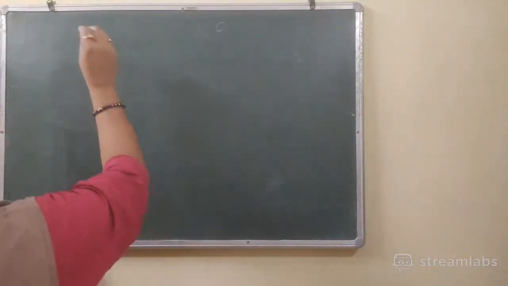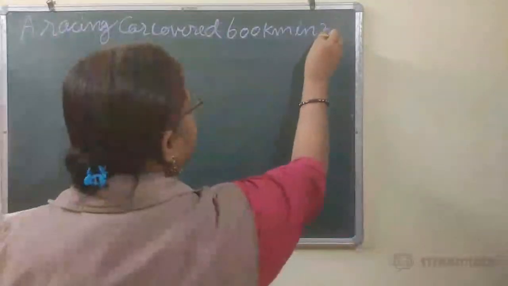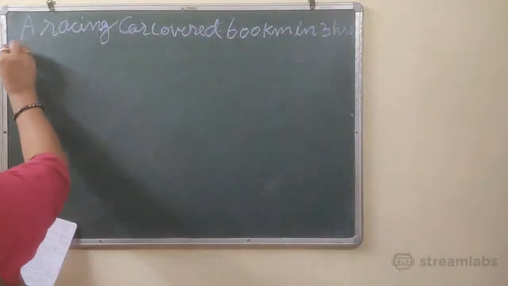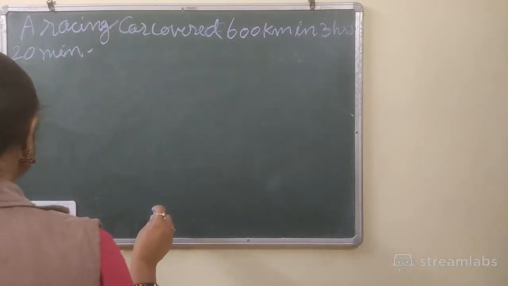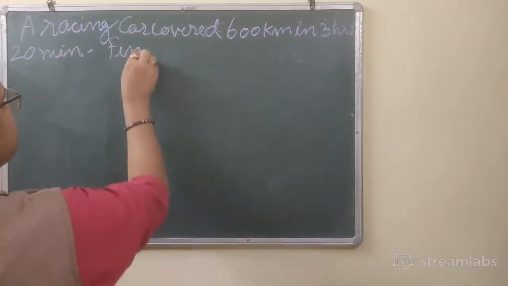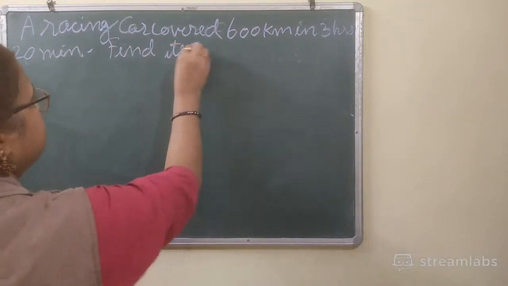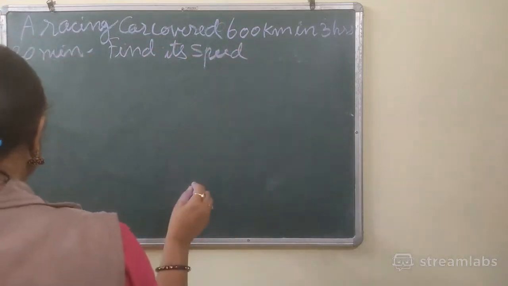Now next, a racing car covered 600 kilometer in 3 hours 20 minutes. Find its speed.